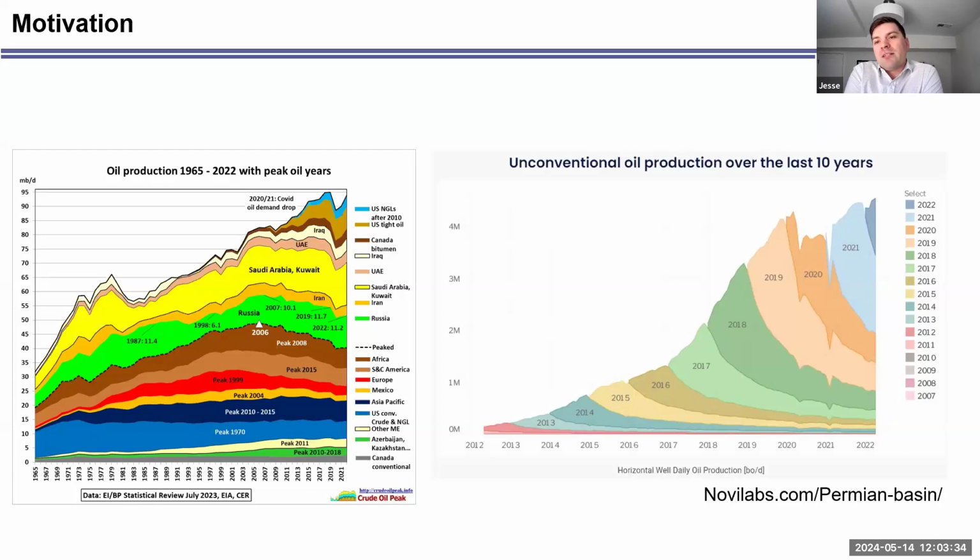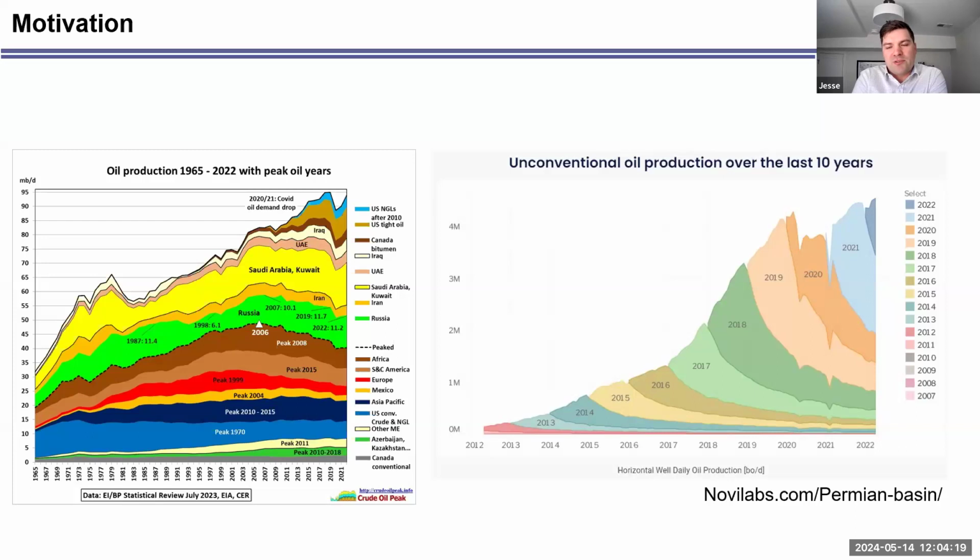On the right, of course, we have some great charts being made these days by Novi Labs. This one is the unconventional oil production from the Permian, if you separate out the beginning of production by year. Over time, we're seeing an increase in production in the Permian, but the fall off is quite aggressive. The other thing to keep in mind in unconventionals is that we're only extracting somewhere around 10% of the oil in place. So there's a lot left to be desired on what we're producing.